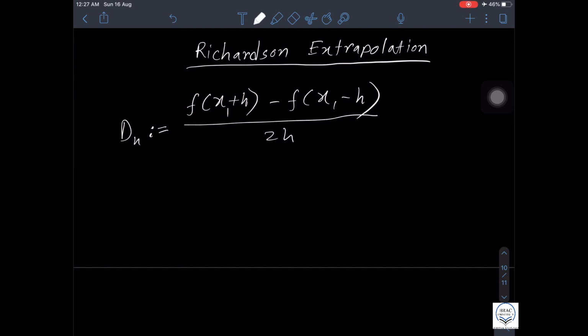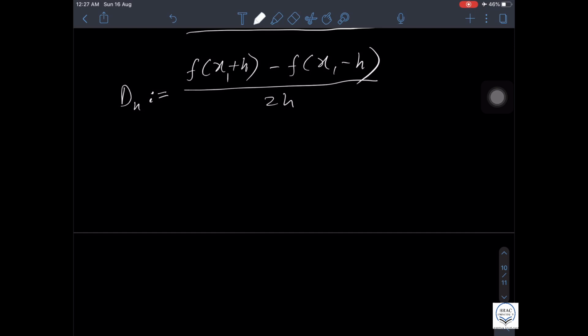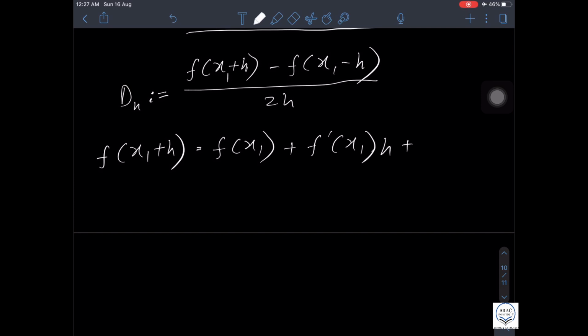All right, so now if you remember Taylor series, then we can write f of x1 plus h equal to f of x1 plus f prime of x1 into h plus f double prime of x1 by 2 factorial h square plus... Let's not use prime. I think it's better to write with 1s and 2s. So this 1 means the first derivative, this 2 means the second derivative.